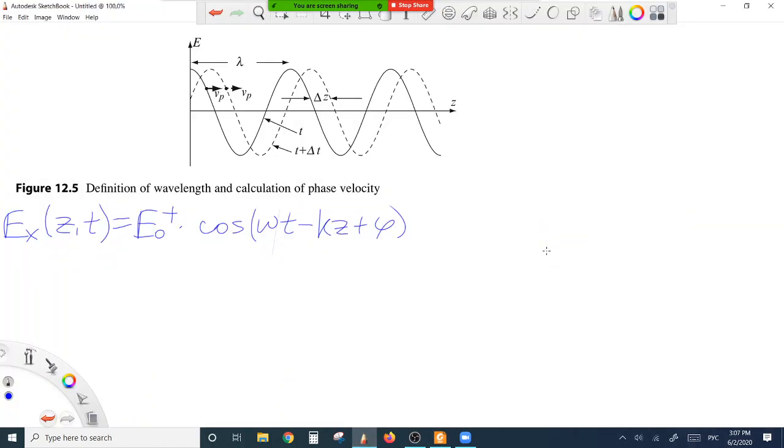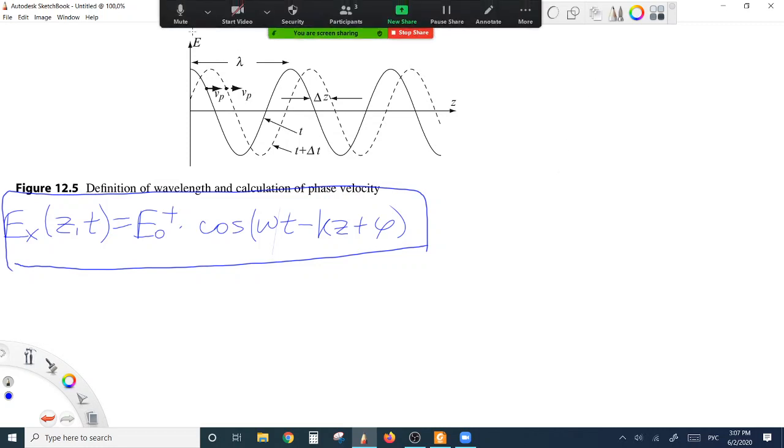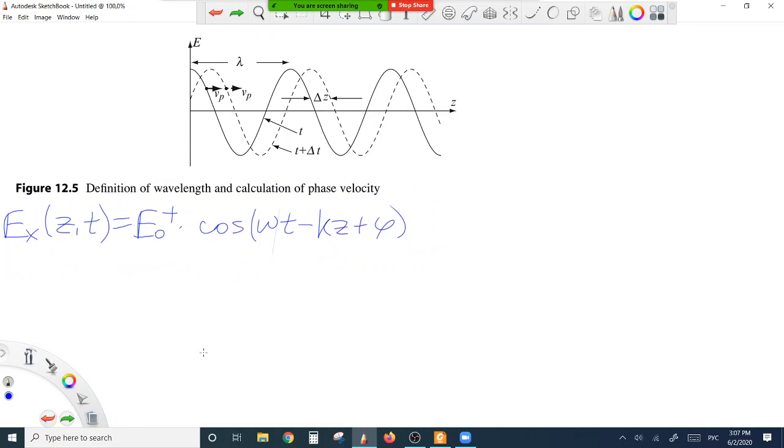Okay, let's continue. Well, if we look to this expression, which we wrote in the previous hour, we may see that the only variable that changes with time is the phase of the wave.